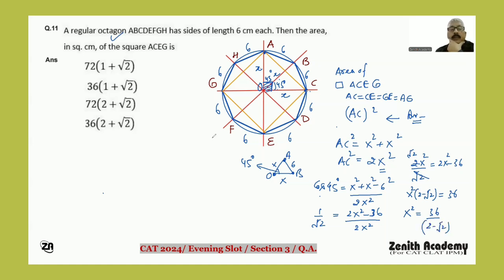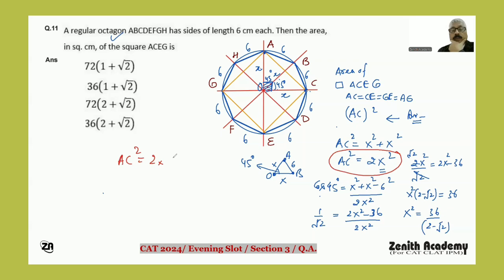And actually, our concern is only finding the area of this square, and the area of this square is AC square, right? So AC square is what? It's 2x square, and x square is here. So AC square means twice into x square.